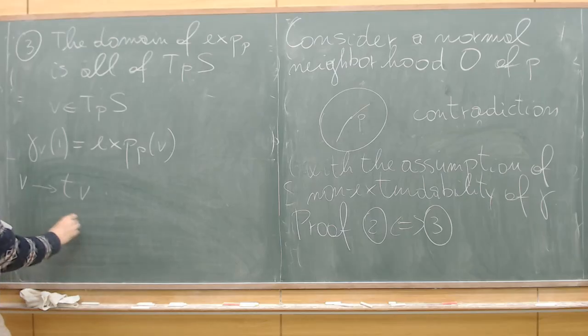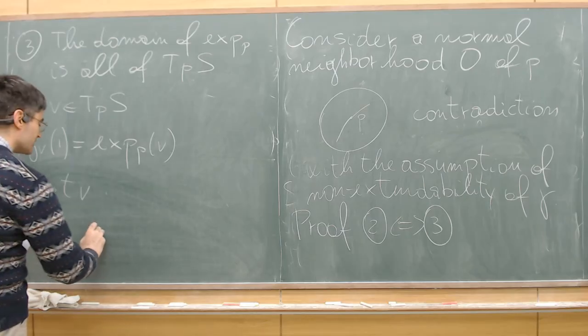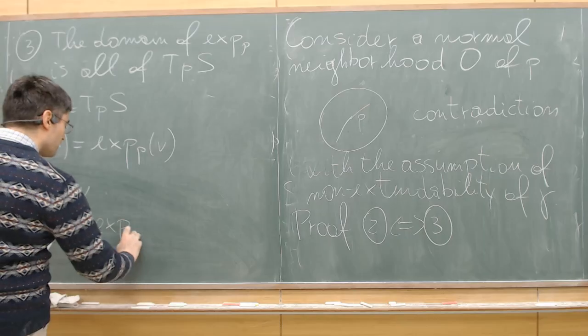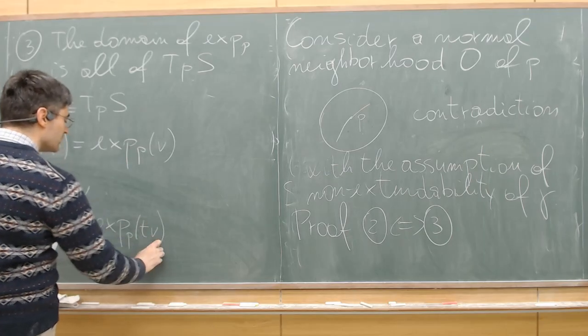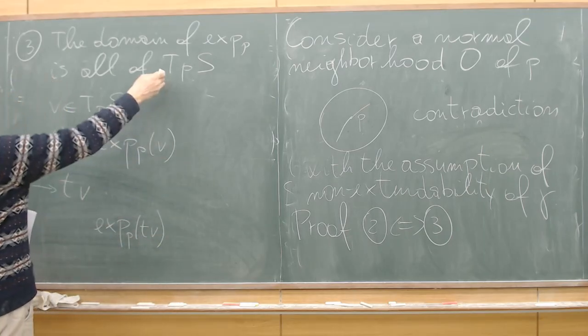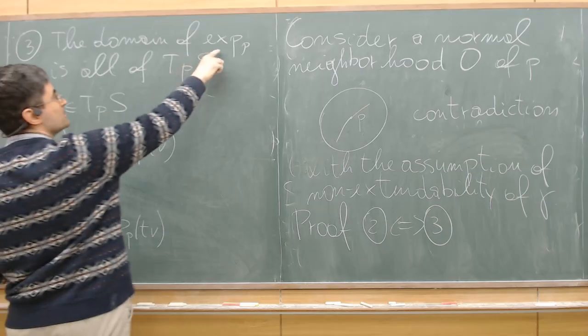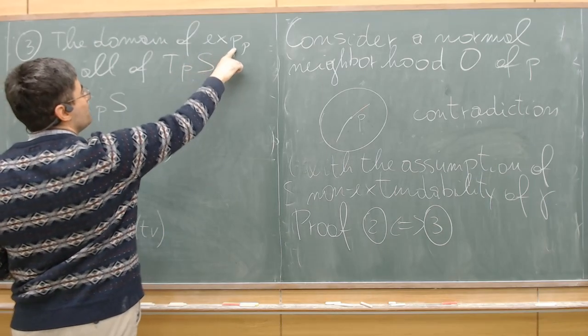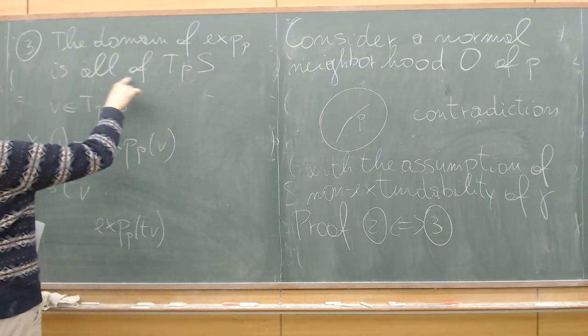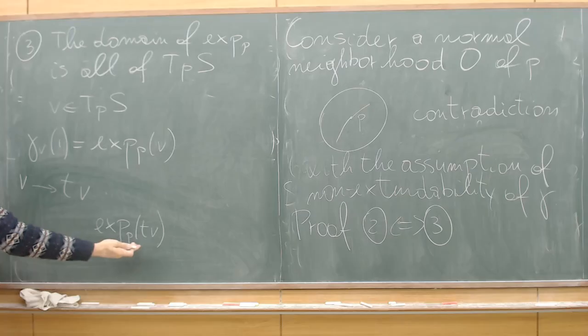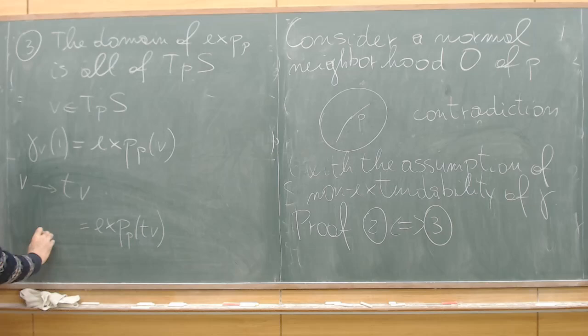I can write exp P of TV because 3 says that the exponential map is defined on all of TPS, so it makes sense to write this down, and if this makes sense, then this is gamma TV at 1.